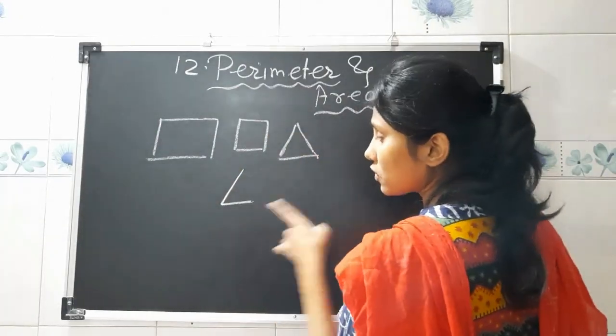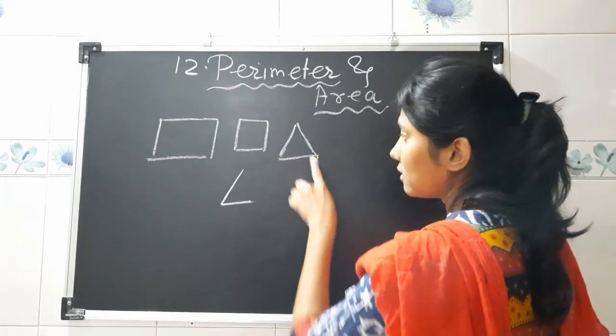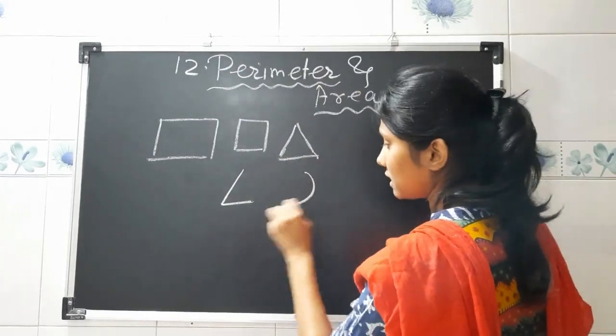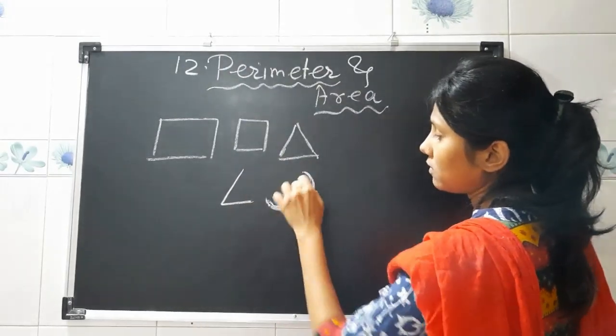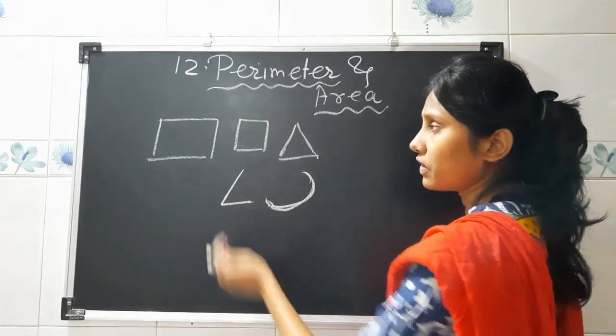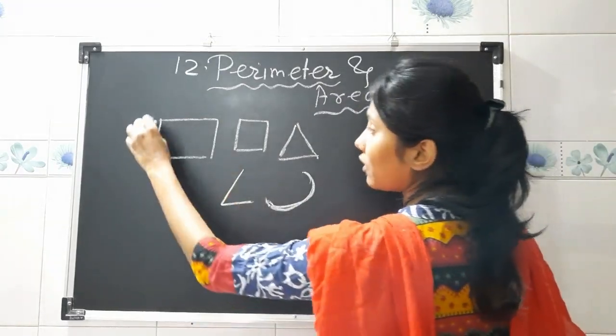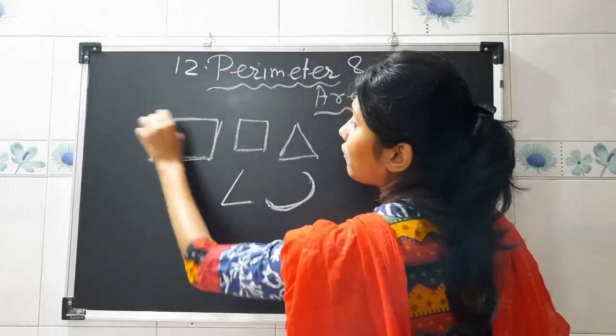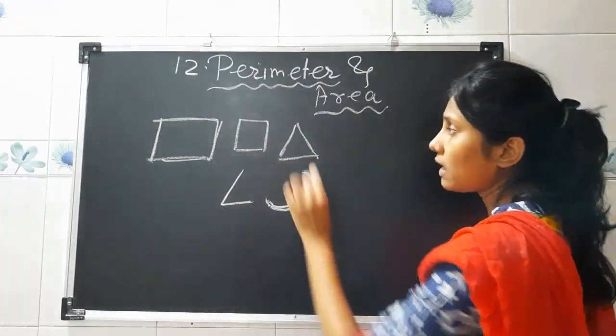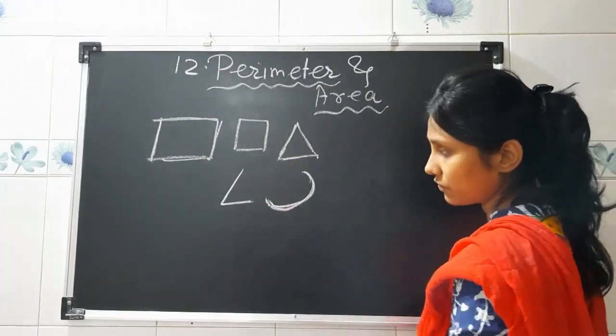This is not a closed figure. These are closed figures. Again here, this is not a closed figure. A closed figure is a figure having all the sides and all the angles. Such figures are called closed figures.